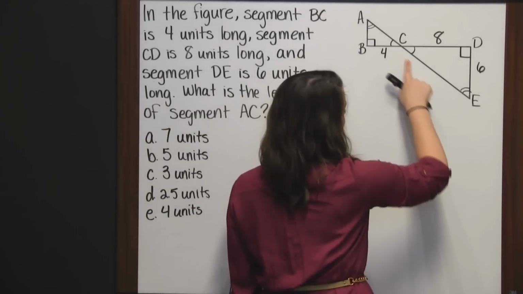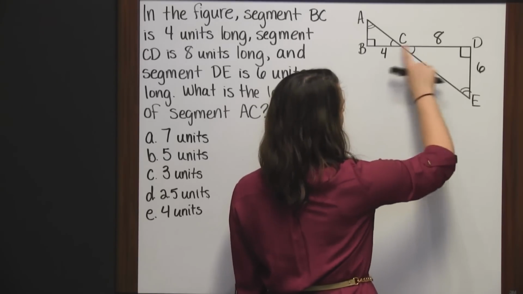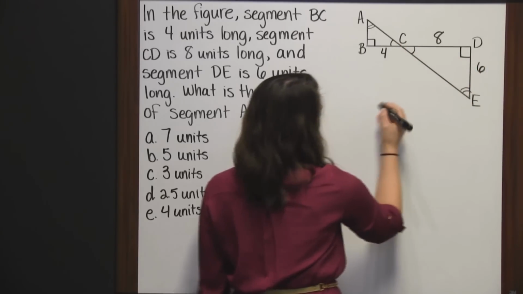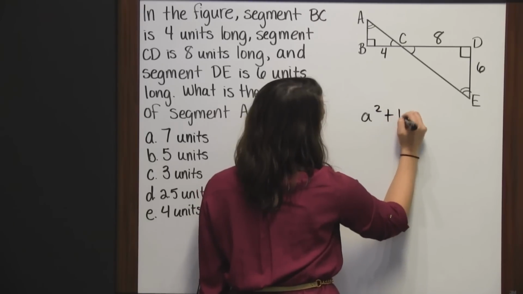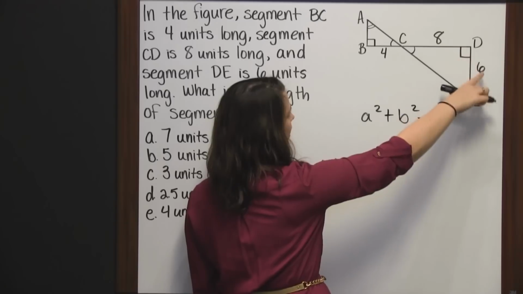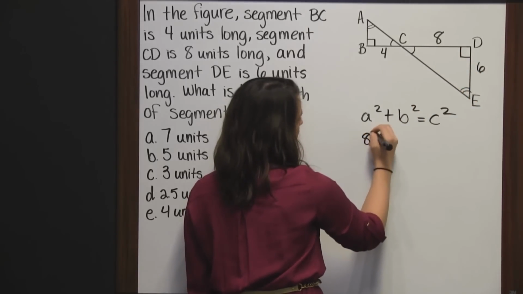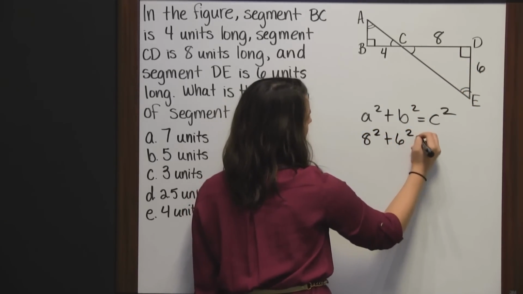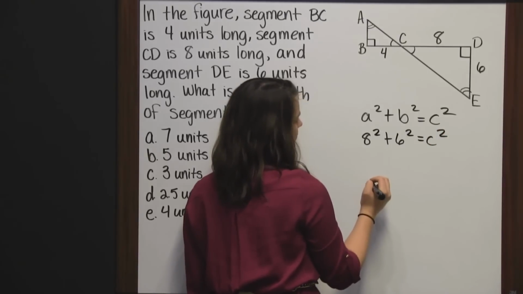We're going to find the length of segment CE using the Pythagorean theorem. A squared plus B squared equals C squared. We have our 2 legs. 8 squared plus 6 squared equals C squared.